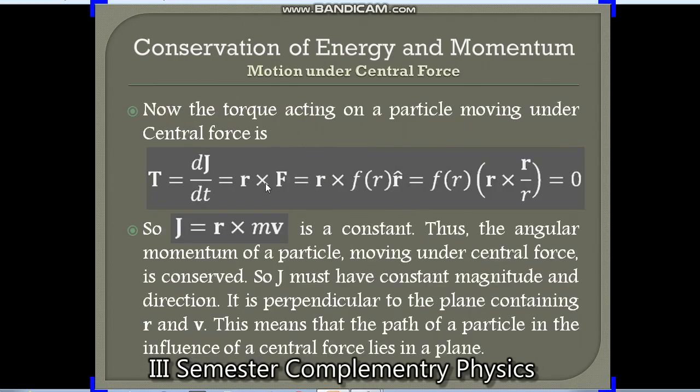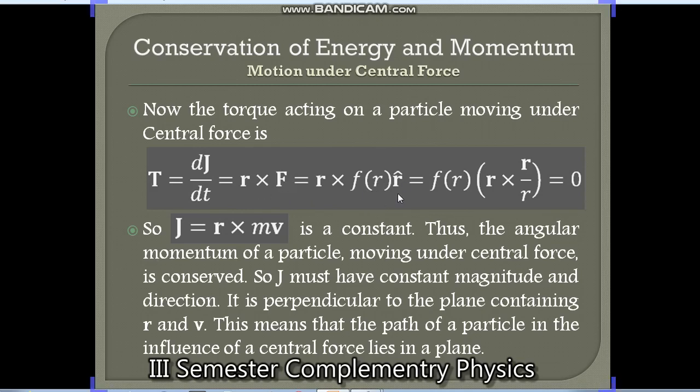Now, one of the properties of central force. If a particle is moving under central force, the torque acting on the particle, τ, as we have already studied, is equal to dJ/dt, where J is the angular momentum. Now that is equal to r cross F. Torque is equal to r cross F. That is equal to r cross of, now F is a central force.